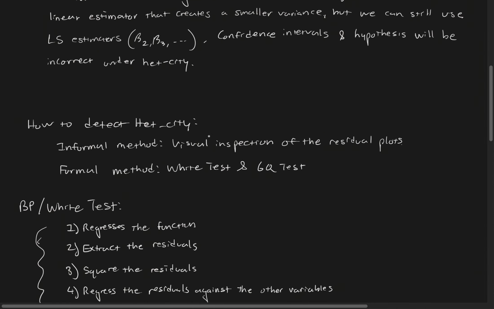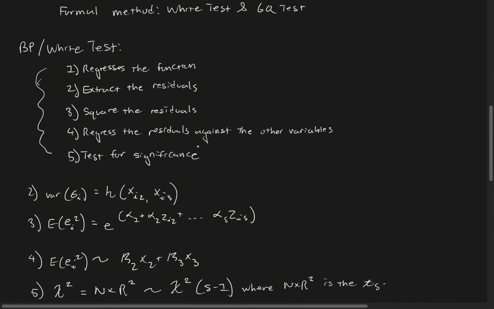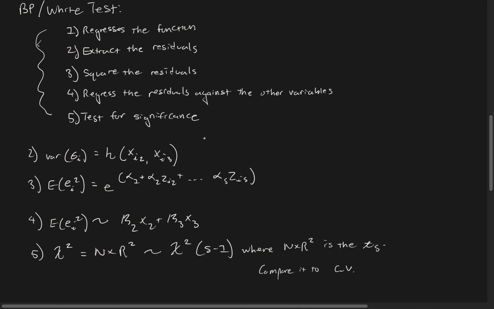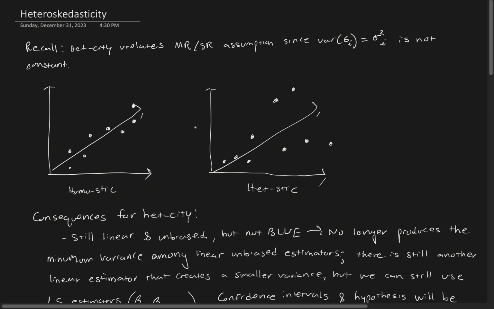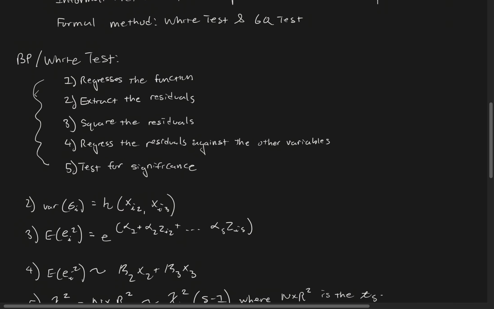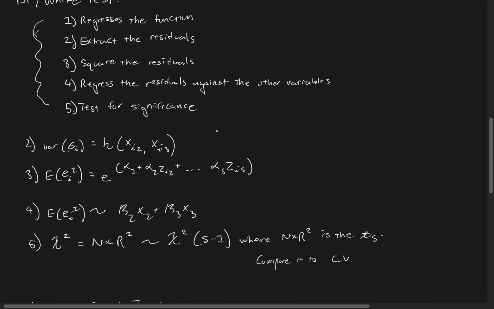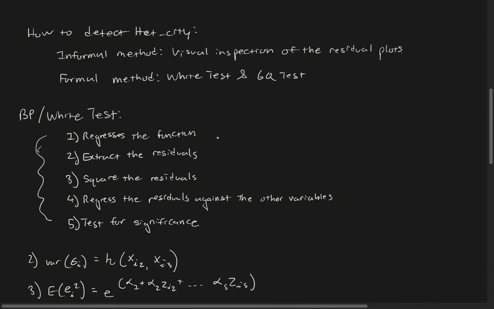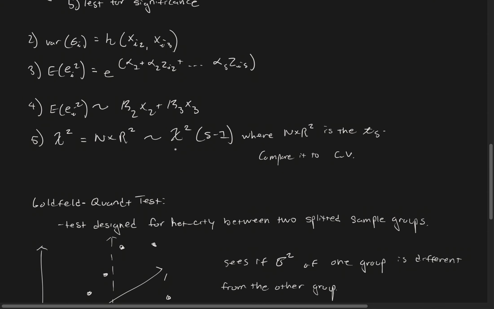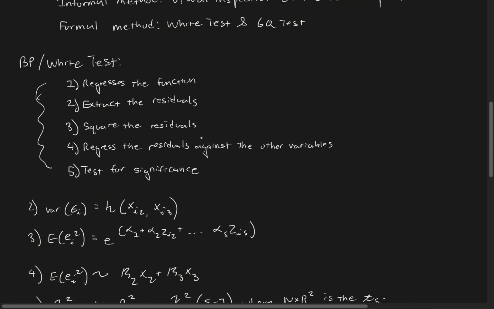I'm not sure why I didn't write it here, but whenever we're testing for heteroskedasticity, the null will always say it doesn't have it, and our alternative says it does have heteroskedasticity. So if our chi-squared statistic is higher than the critical value, we reject the null hypothesis, and we conclude that there is heteroskedasticity.